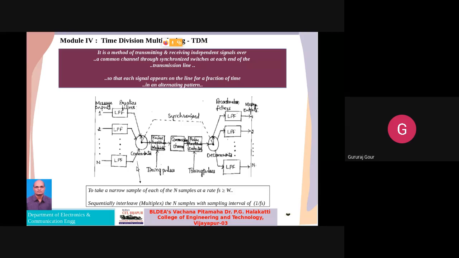And it will interleave all these bits, whatever it has taken from 1, 2, and so on up to n. That is bit interleaving.